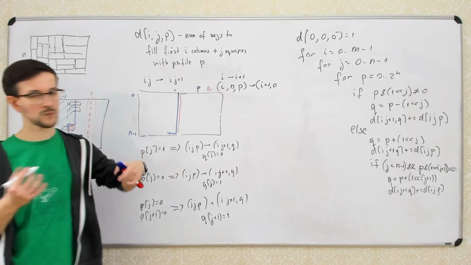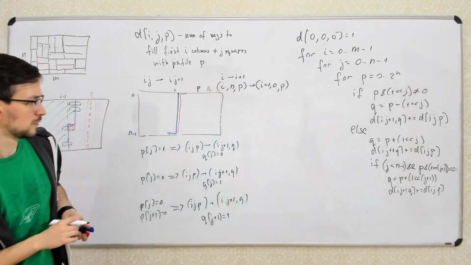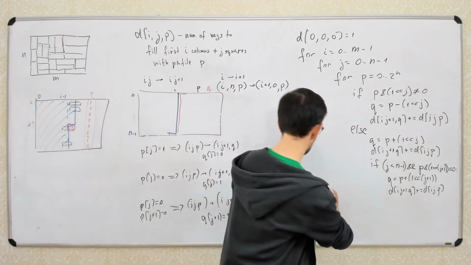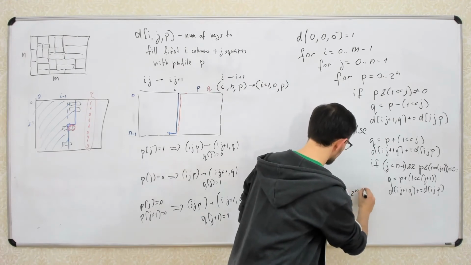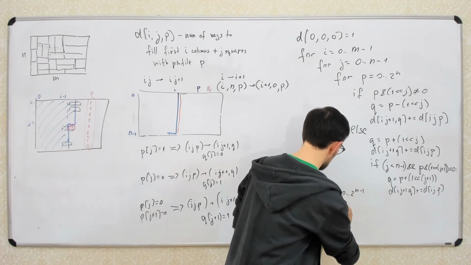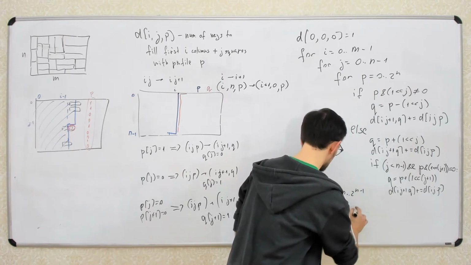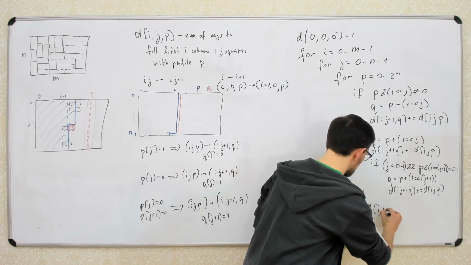So the profile will be the same. So we need to have it somewhere here. d of i plus 1, 0, P we have the same as d of i and P.